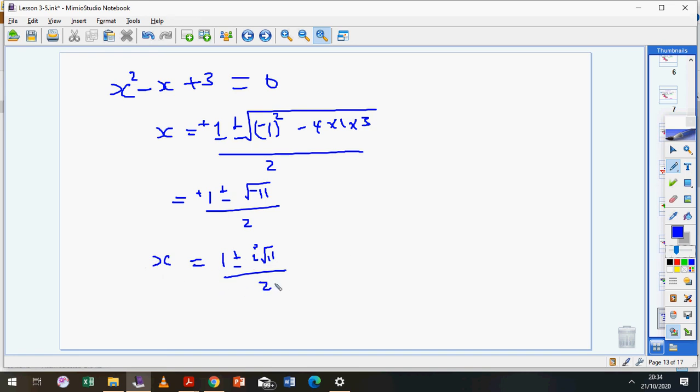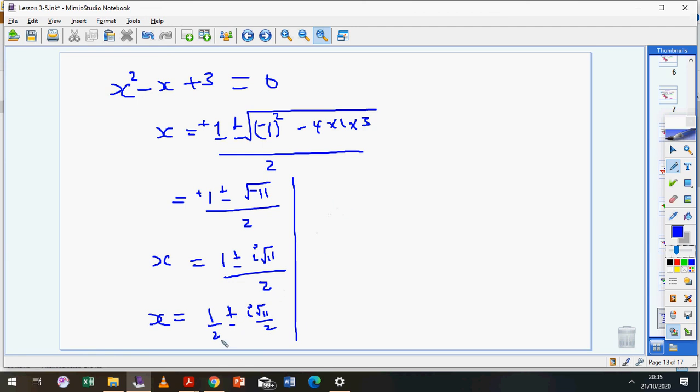If I break this down, I hope you can see that x is equal to 1 over 2 plus or minus i root 11 over 2, which means the two factors, if I try to get them, I'm going to do that by taking the half on that side.